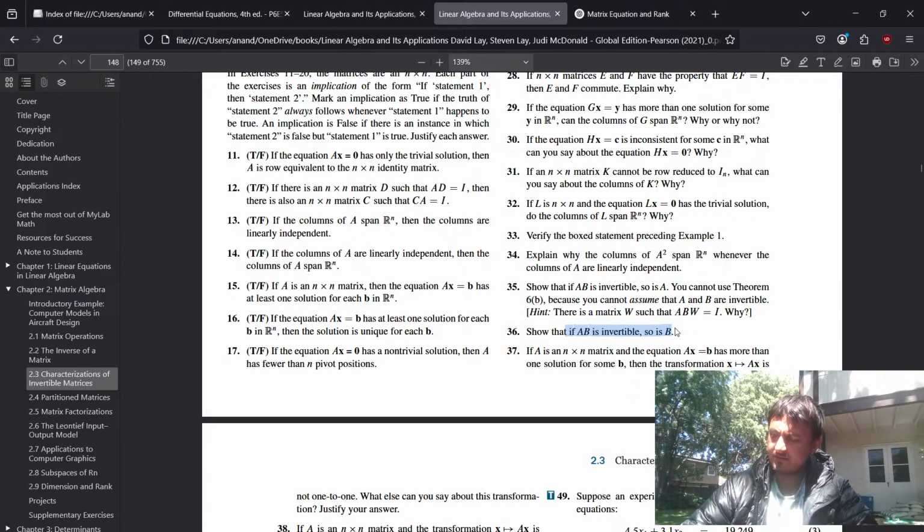This one maybe a little bit harder. No, I think it's fine because you just do it the other way. CAB is equal to A, and so this is 36.